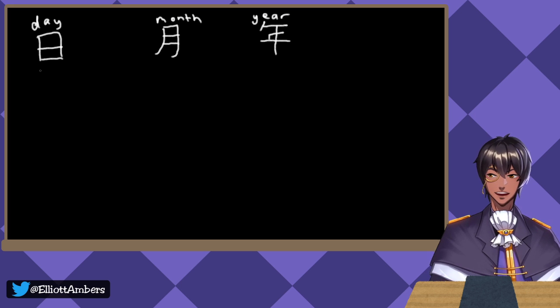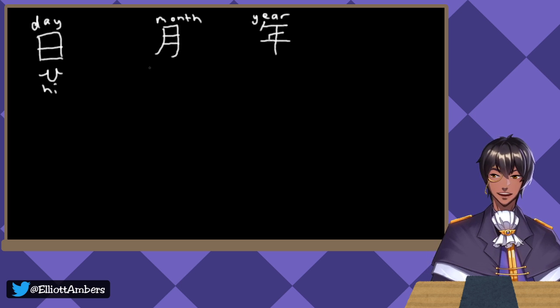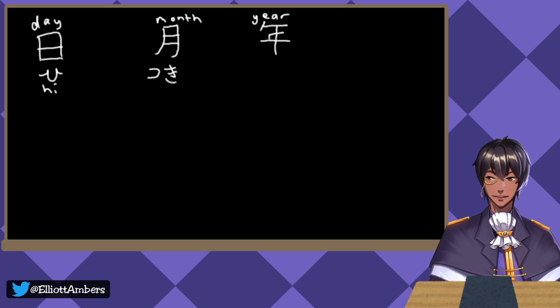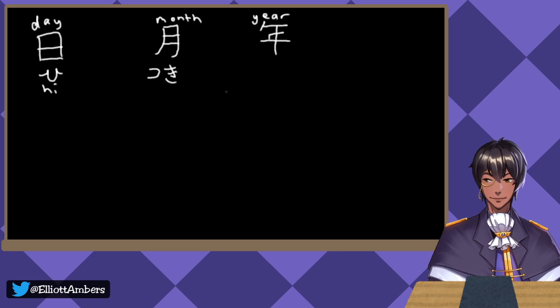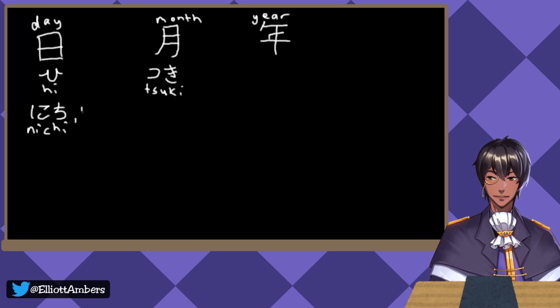So we know that day is hi. We know that month is tsuki. Though when we talk about it in terms of month, we usually use getsu or gatsu. Let me write these readings out too, just so we remember. Nichi. Or also jitsu.